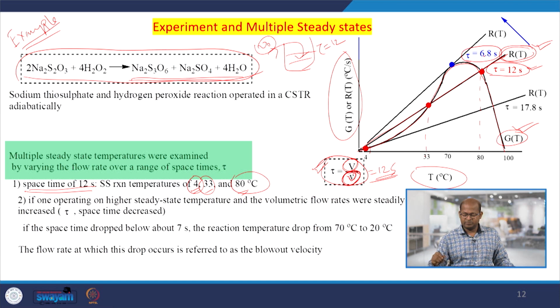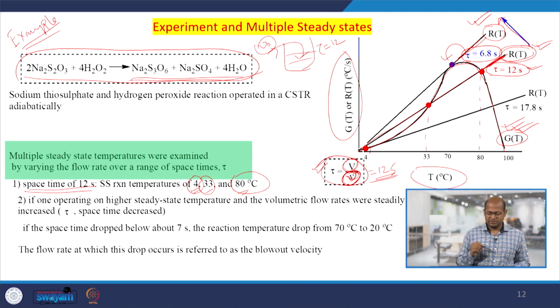Let us say space time at a particular volumetric flow rate is 6.8 seconds. Then the heat removal line will move: when 12 seconds was the space time the heat removal line was this, and when space time is 6.8, the heat removal line shifts to this. Under these conditions, the heat removal and heat generation lines intersect at the blue point, so at this space time we see one steady state temperature.